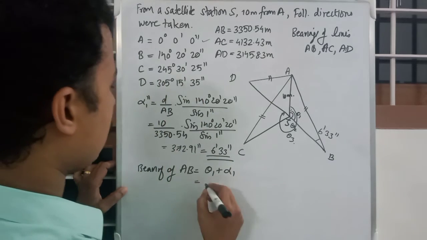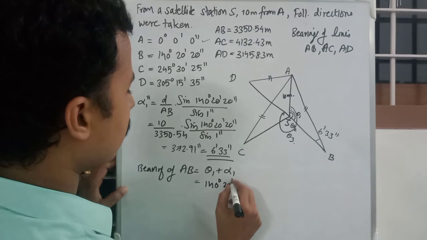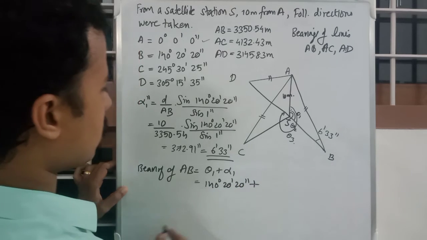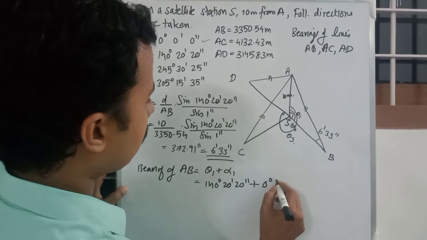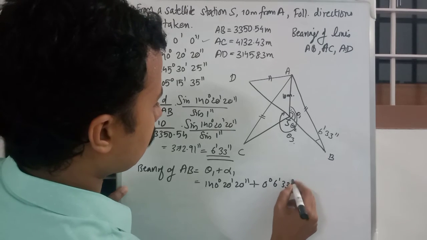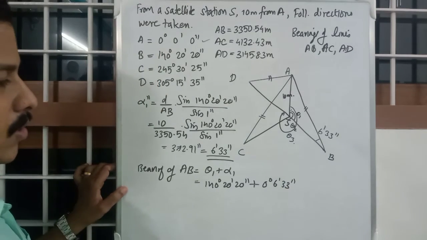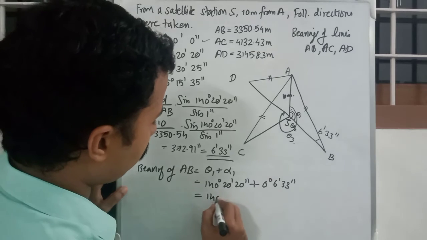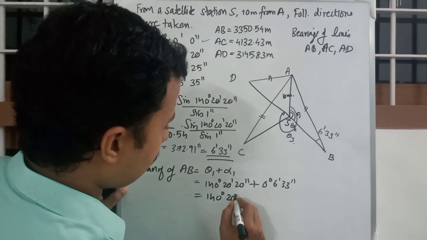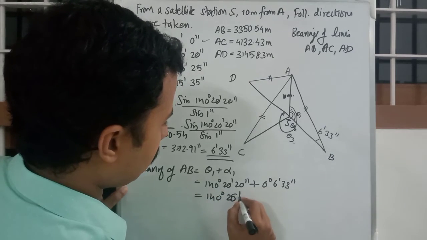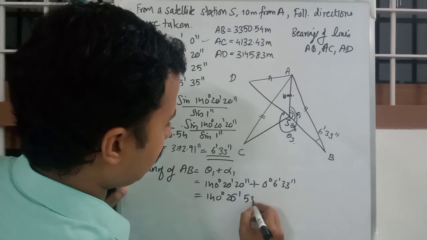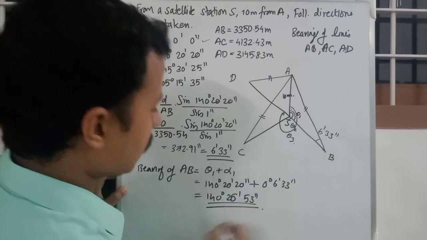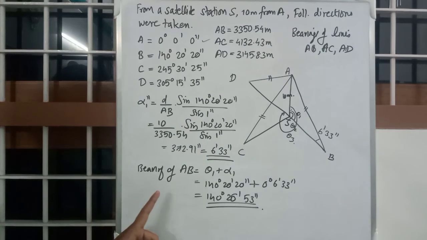Theta 1 is 140 degrees 20 minutes 20 seconds plus alpha 1, which is 0 degrees 6 minutes 33 seconds. That is 140 degrees 26 minutes 53 seconds. That is the bearing of AB. Out of 3 questions we have answered the first one.